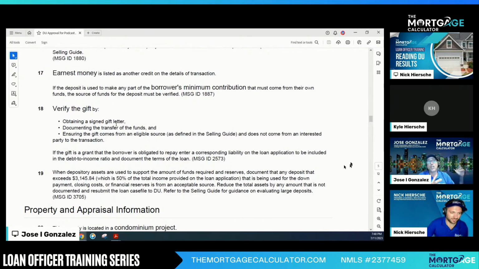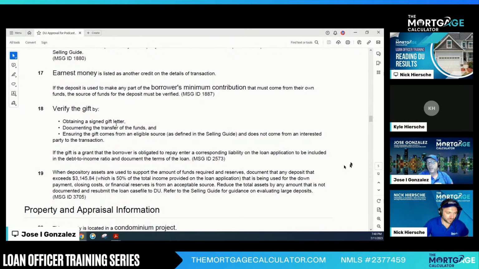That just means you have to show the transfer, like there's a check that was given. So they're going to ask you for the canceled check, or maybe it was given in the form of a wire transfer. They're going to ask you for a copy of the wire transfer, as long as you can show clearly that money came from the donor.